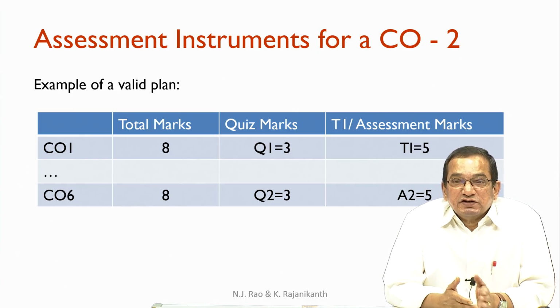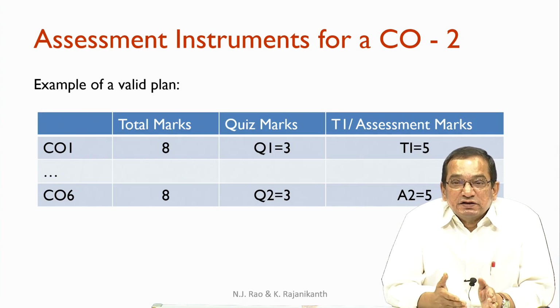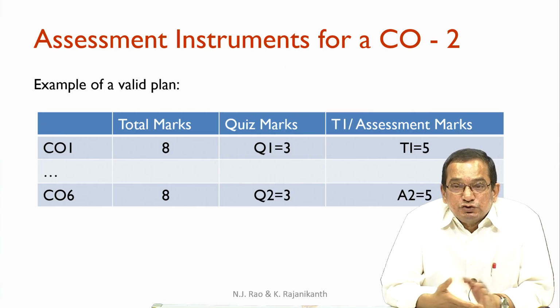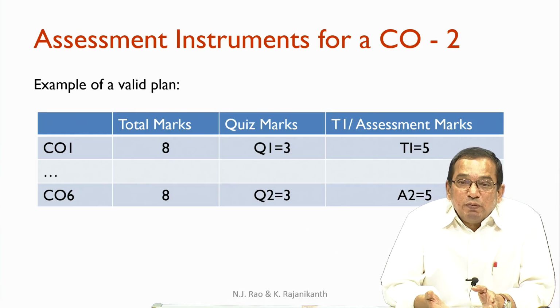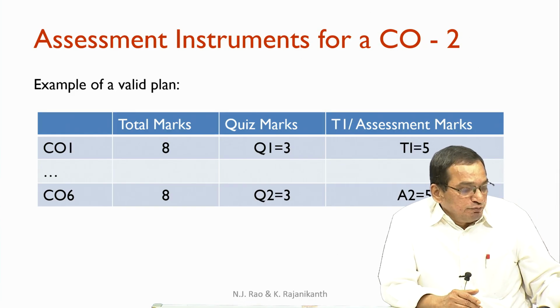And we have seen that the scheduled date for submission of assignment 2 is quite late. So, by then the instructional material related to CO6 would have been completed reasonably well, and the student has enough time to complete the assignment and submit it. This kind of plan is essential in order to ensure that every CO is addressed reasonably well in one or more assessment instruments spread over the semester.